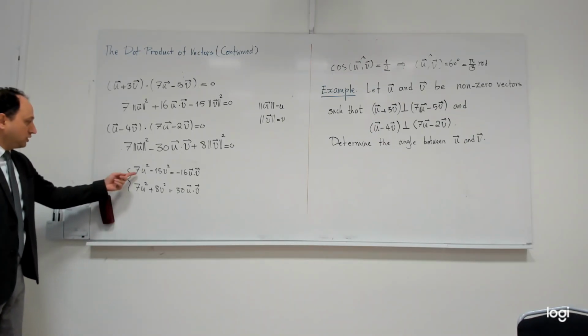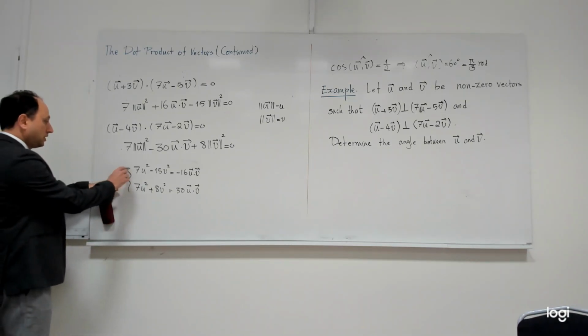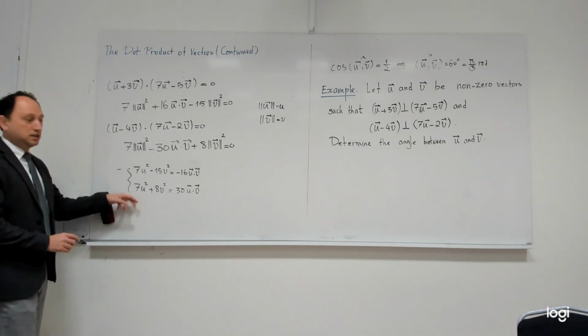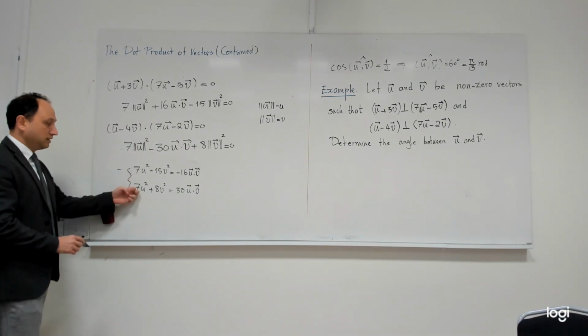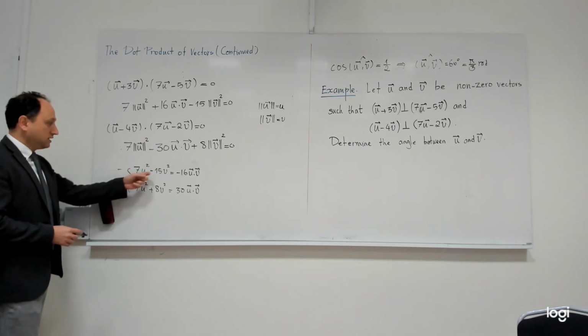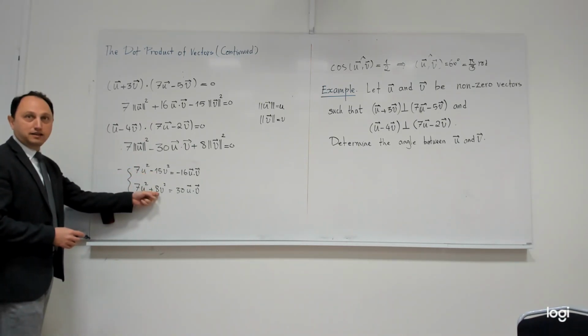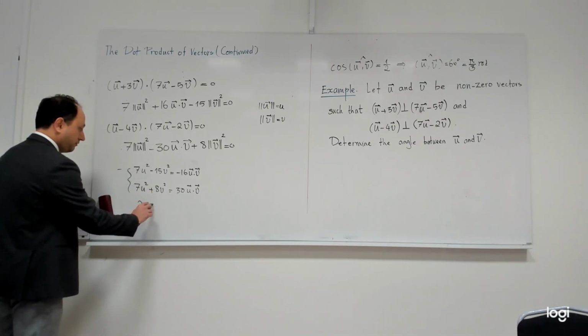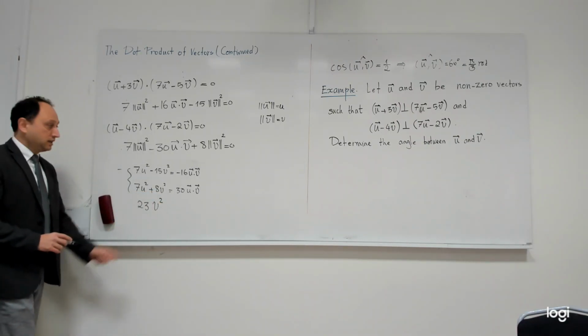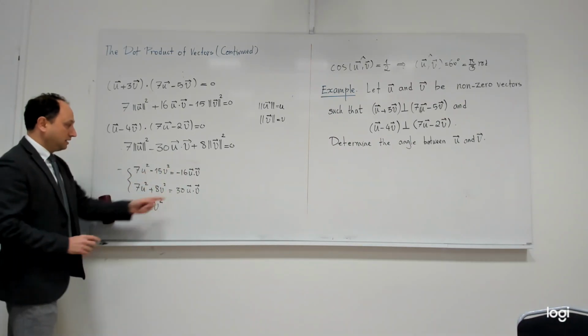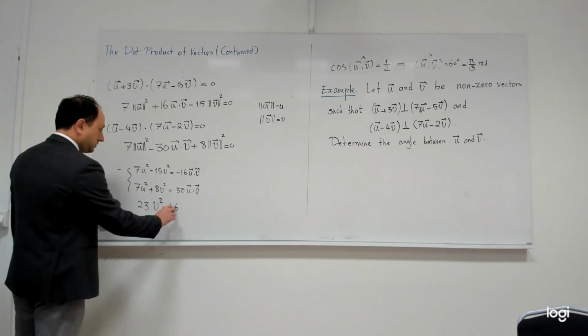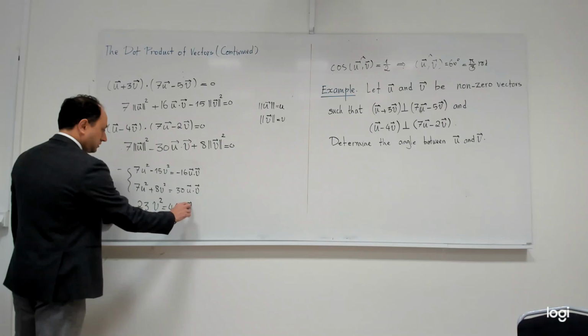Getting rid of u is very simple, so let me multiply this by a minus sign and add it here. This minus 7u squared and this 7u squared disappear. This becomes positive 15. When I add it here, it becomes 23v squared. And then I multiply this by negative and add it here, it becomes 46 u dot v. Yes?